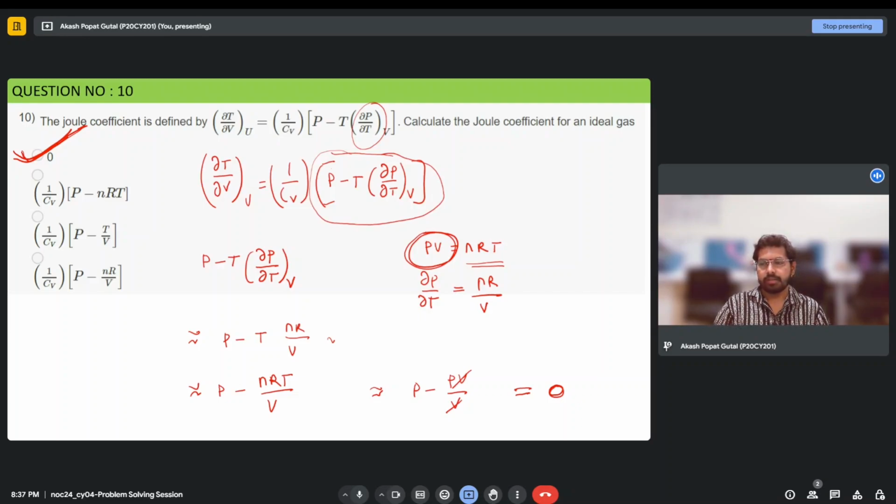This is the last, 12th week and 12th problem solving session. After this, I think one interaction session is there, so at that time we will meet. Now we have nearly 20 minutes, so I will be here. If you have any doubts, you can ask. And if you want to do some discussion also, feel free to discuss.